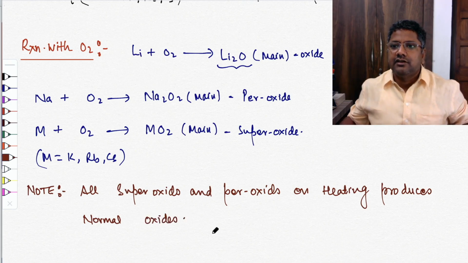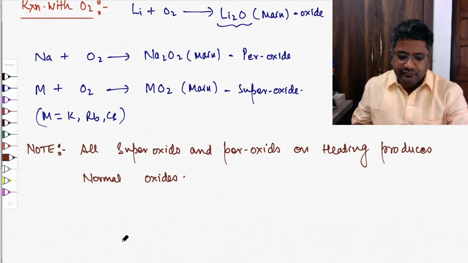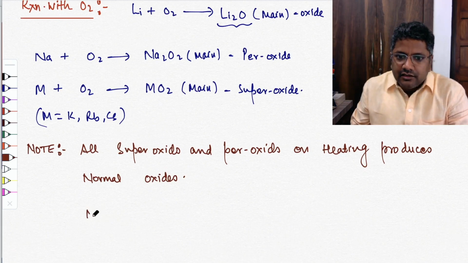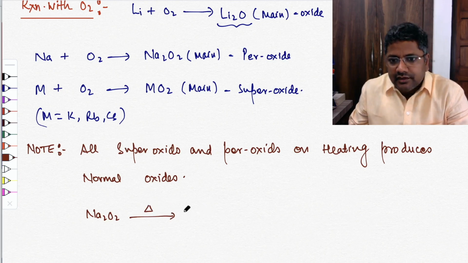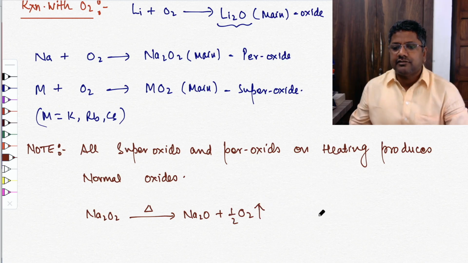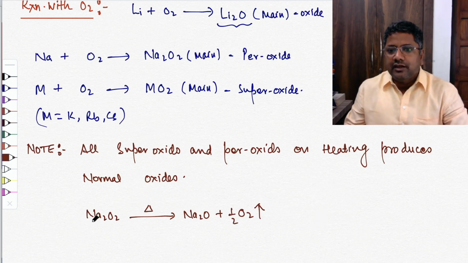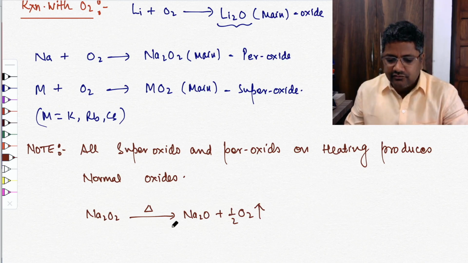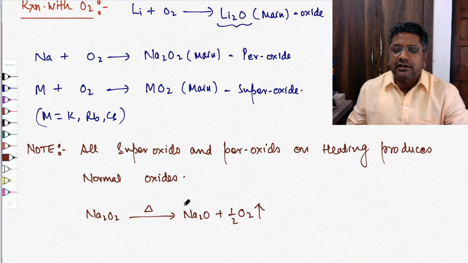For example, if you take Na2O2 and heat it, you will have Na2O plus half O2 gas. So this is sodium peroxide and this is sodium oxide. So peroxides on heating produce what? Oxygen and normal oxide.